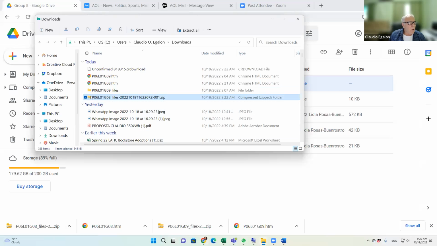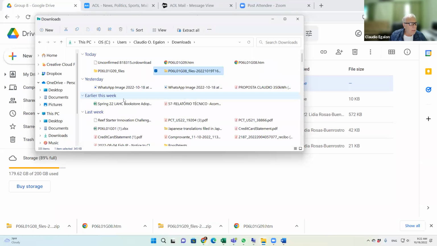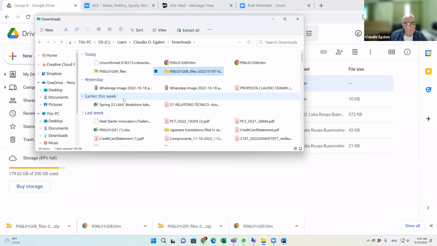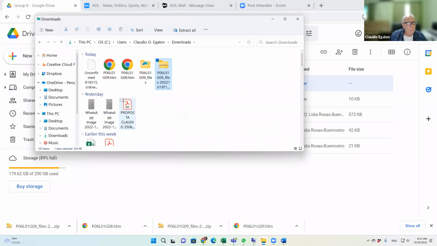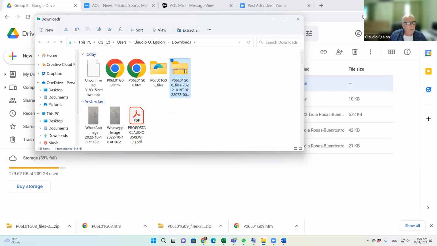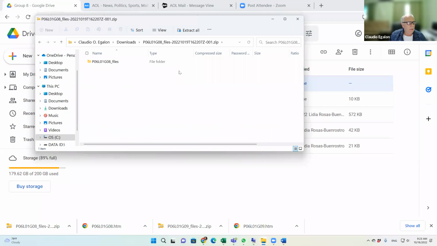Okay, so when you download the folder, the folder should look like it has a zipper on it. This zipper here means that the folder was compressed. See that? Once you have the zipped folder, you click twice on the zipped folder and copy the contents of the zipped folder.